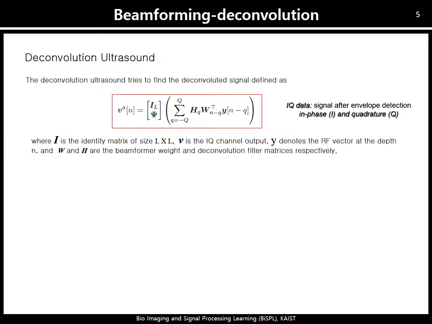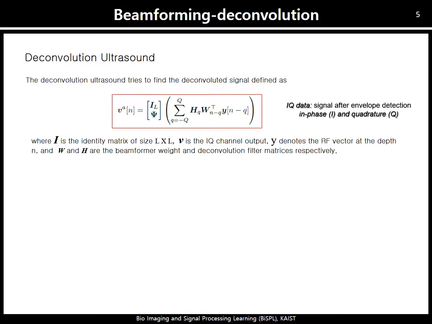So y denotes a vector of the RF signal that we acquired at depth n. V is the IQ channel data. Here IQ represents the in-phase and quadrature signal, which we obtain after the envelope detection step, usually performed by Hilbert transformation. W and H are the beamformer weights and deconvolution filter matrices respectively.